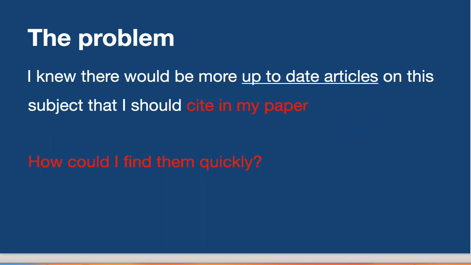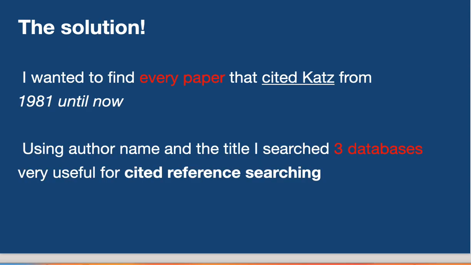So my problem was, I knew there'd be more up-to-date articles on this subject that I would need to cite in my paper. So how could I find those references really quickly? So the solution was finding every paper that had cited the Katz paper from 1981 up until the present day.